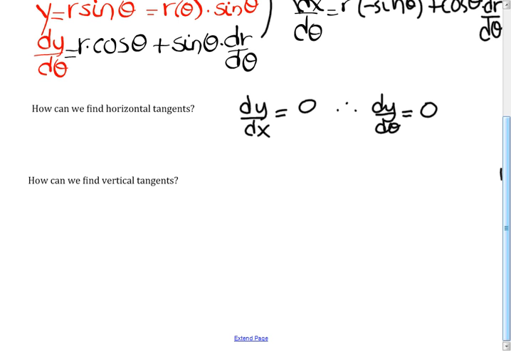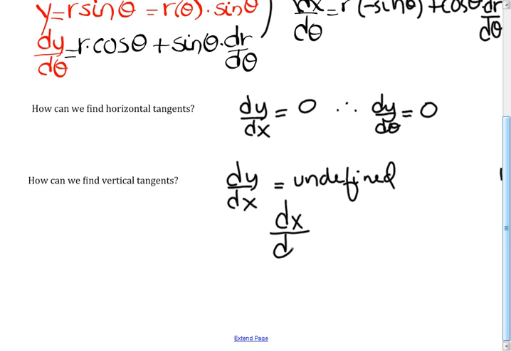How do you find vertical tangents? dy dx is undefined. Think of these as parametrics. You've got 3 variables here. So which one is that one? dx dt, I'm sorry, d theta is 0. Okay?